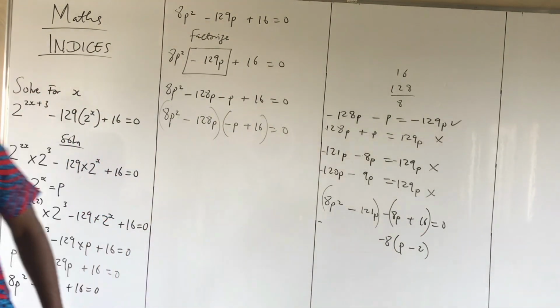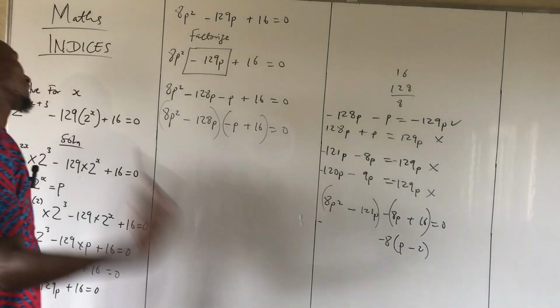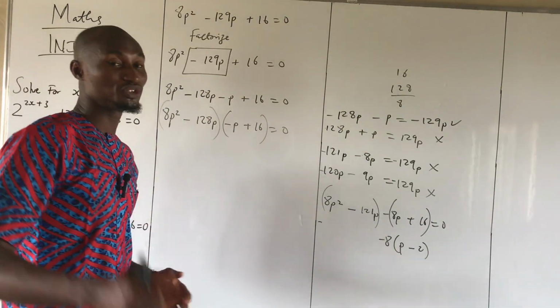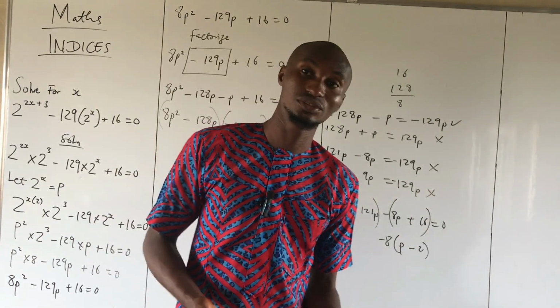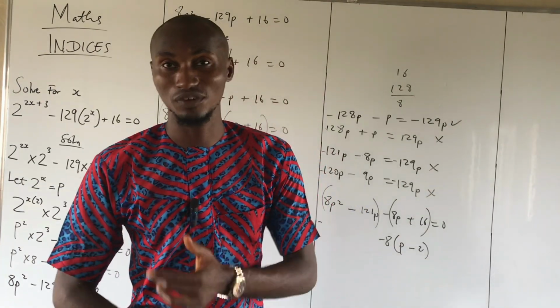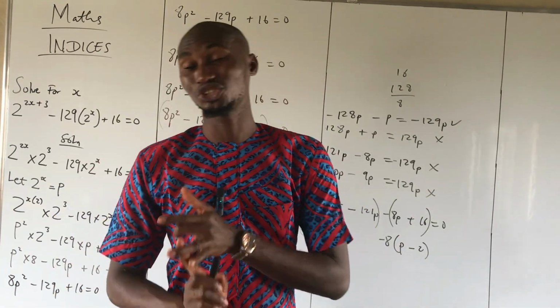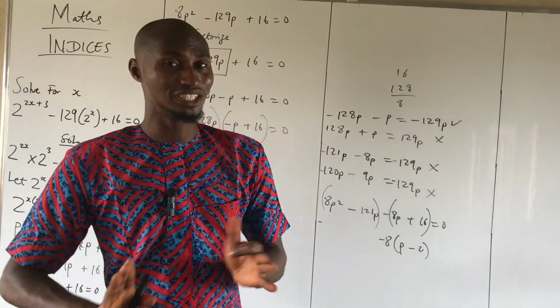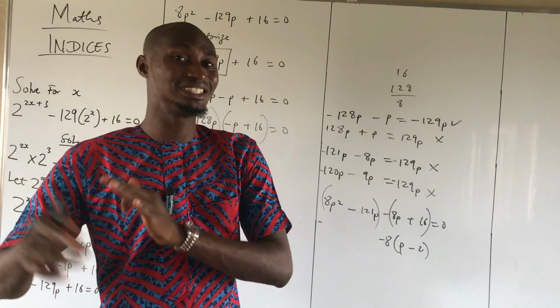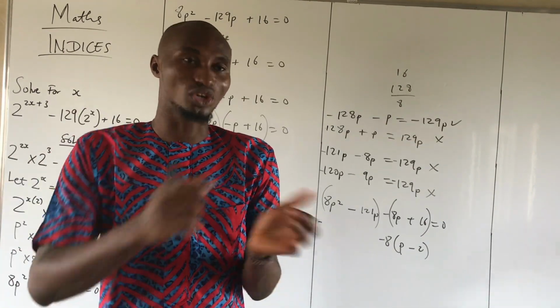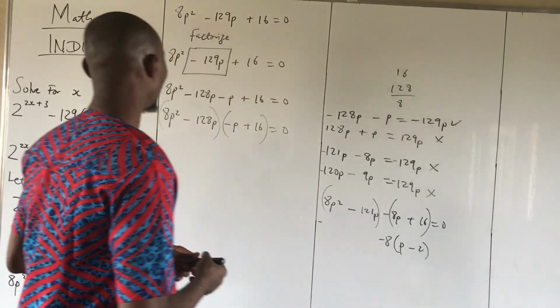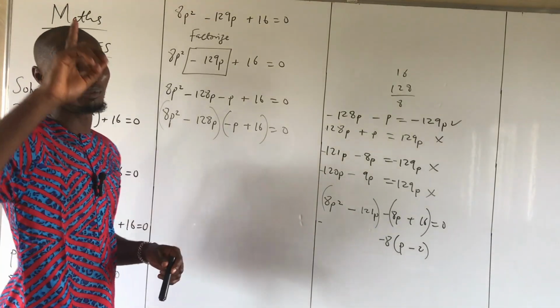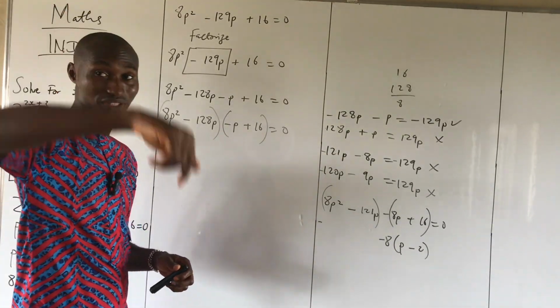Now, remember I taught you about factorization. I told you that there are 5 types. 1 is factorization by taking out common factor. 2 is factorization by grouping of terms. 3 is factorization by quadratic expression. Let me reserve the remaining 2 till the day we study factorization. So I'm going to apply the first type through the third.